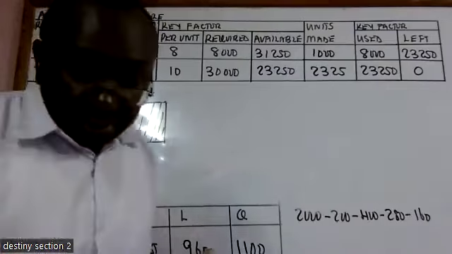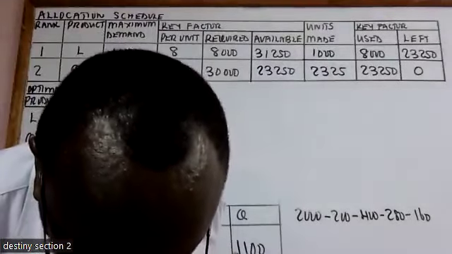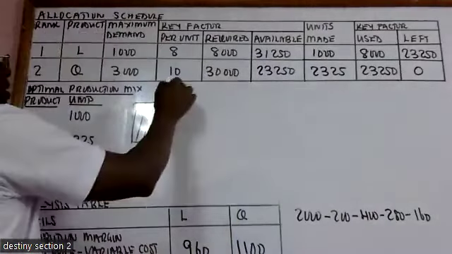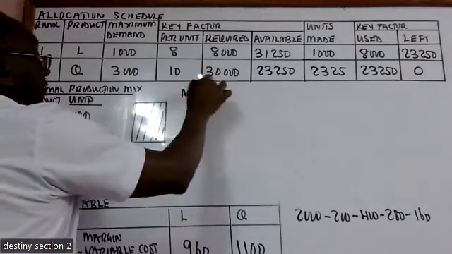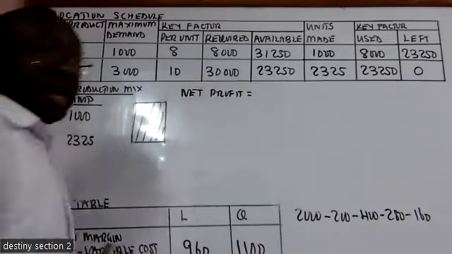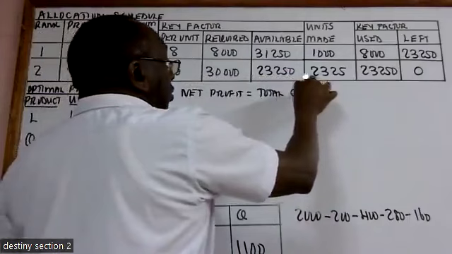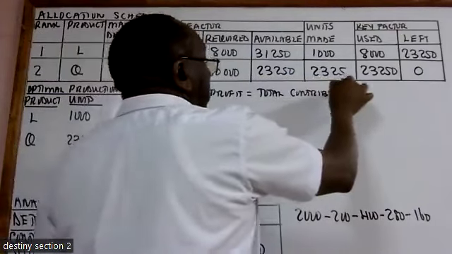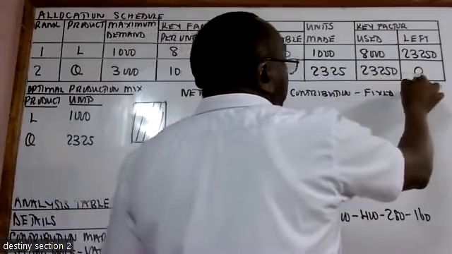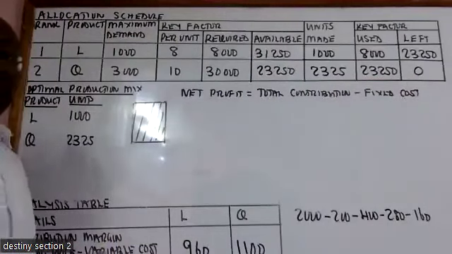The next is the net profit at optimal production. So net profit is always given as, or in this case will be given as the total contribution, you minus the fixed costs.